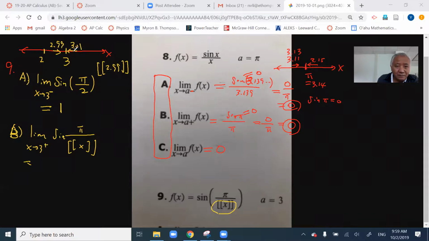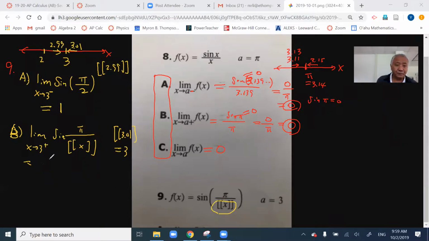As long as this number is bigger than 3, you can see this value, 3.01, equals what? The greatest integer less than 3.01 will be 3.